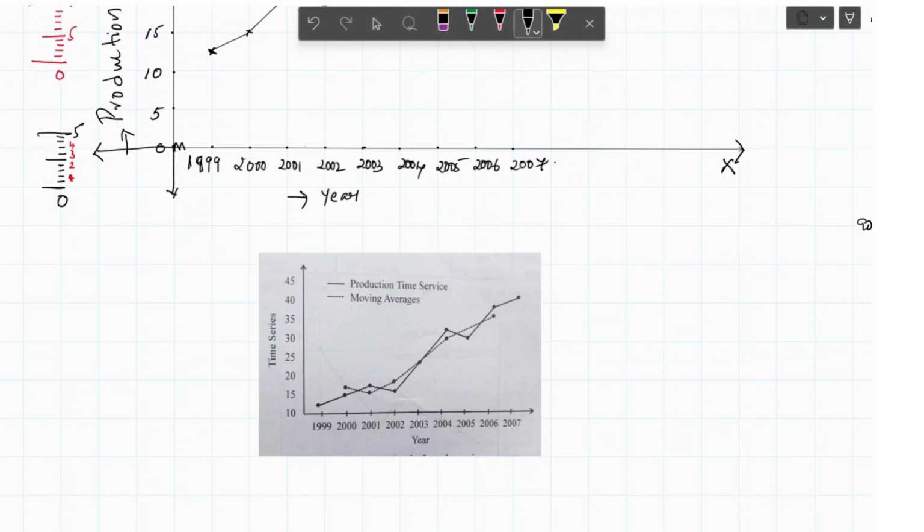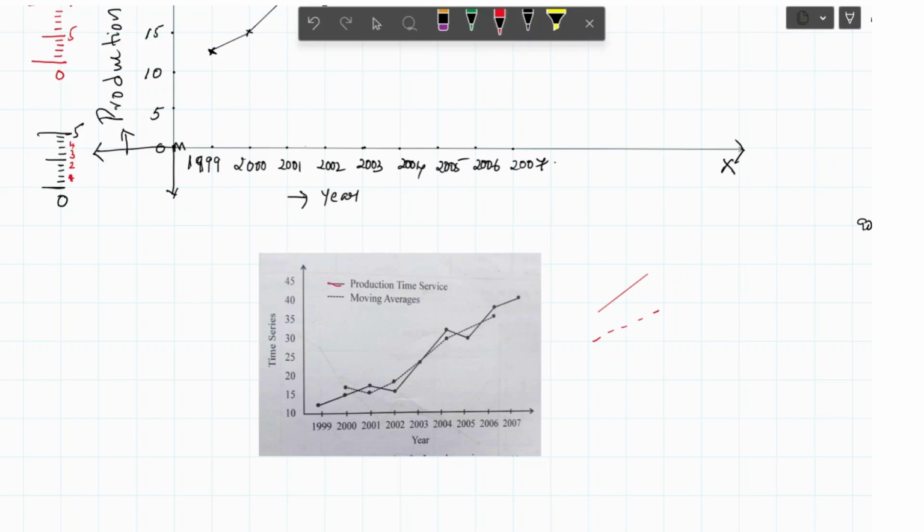That means here I'm showing you this darker one with a straight line they have joined. Now, there is one more line, that is a dotted line, that I'll explain to you. Therefore, the darker, that is a straight line, is showing what we have done here, starting from your 12 and ending with 44. Therefore, this is the way your first line, that is called the production time series, the first one.